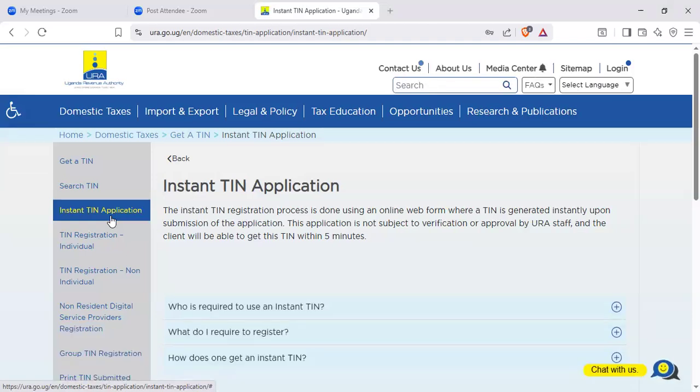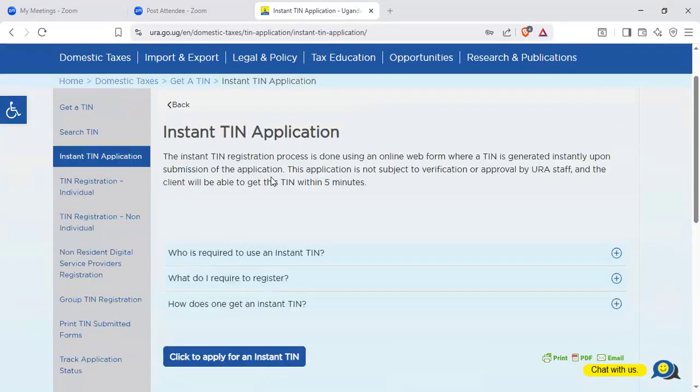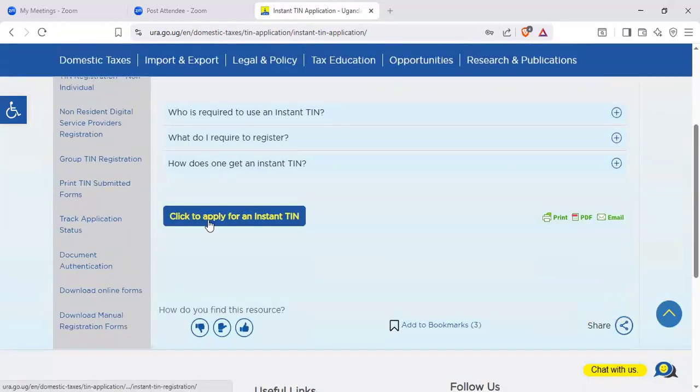Then when you click on instant TIN application, click here to apply for instant TIN.